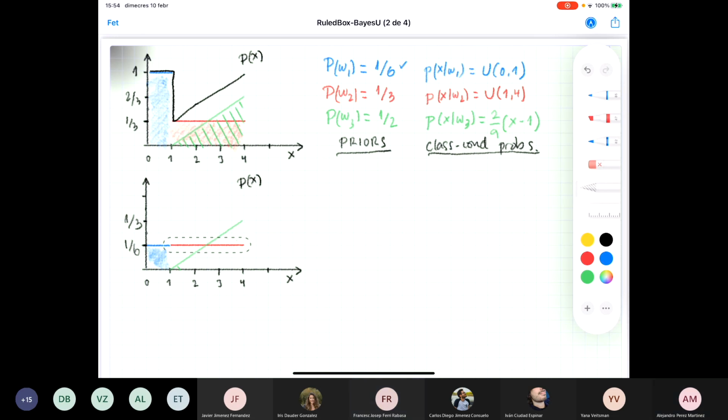Okay. Let's consider class 2. Class 2 has to be divided by 3.